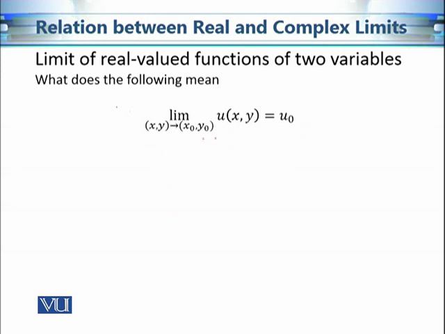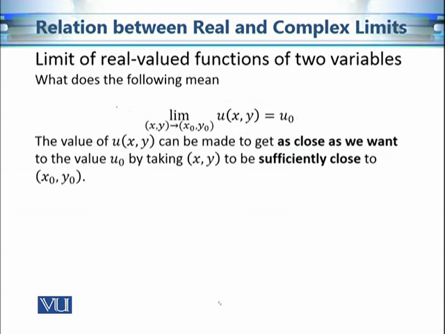So we want to understand this limit. Of course we will restrict ourselves to a function of two variables. Now what does this limit mean? The limit means that whenever (x,y) approaches this point (x0,y0), then the functional values u of x,y approach u0.